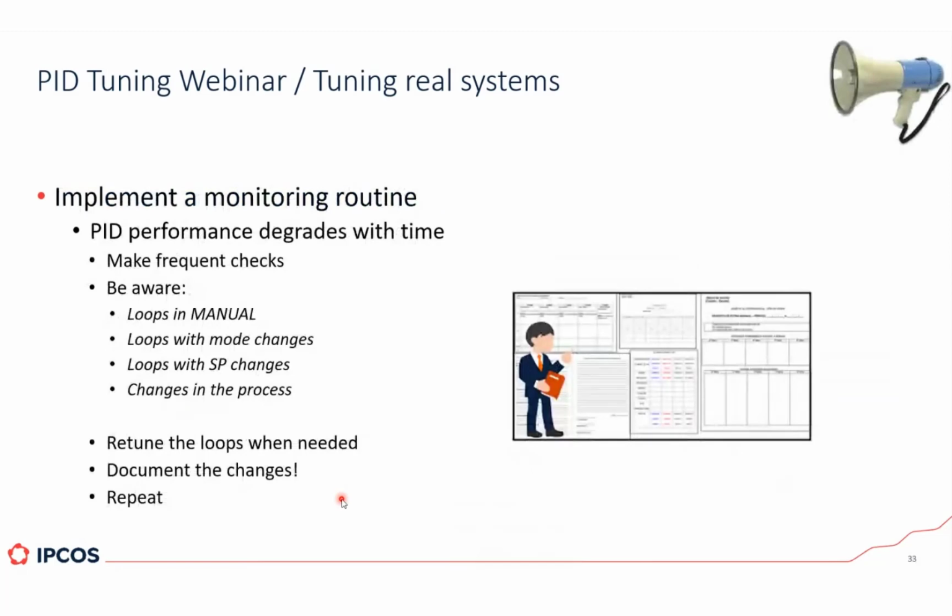Okay. So we see that even though tuning one PID loop might be easy, right? The steps are very straightforward. If we want to tune a real PID, it's a bit more tricky, right?